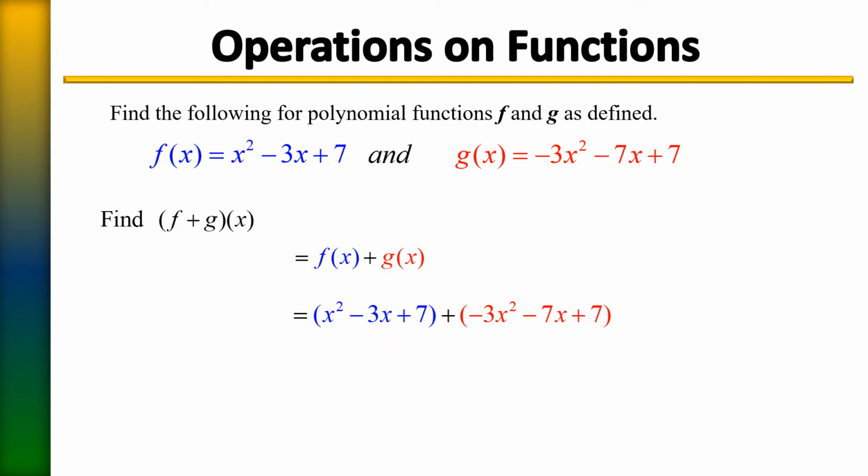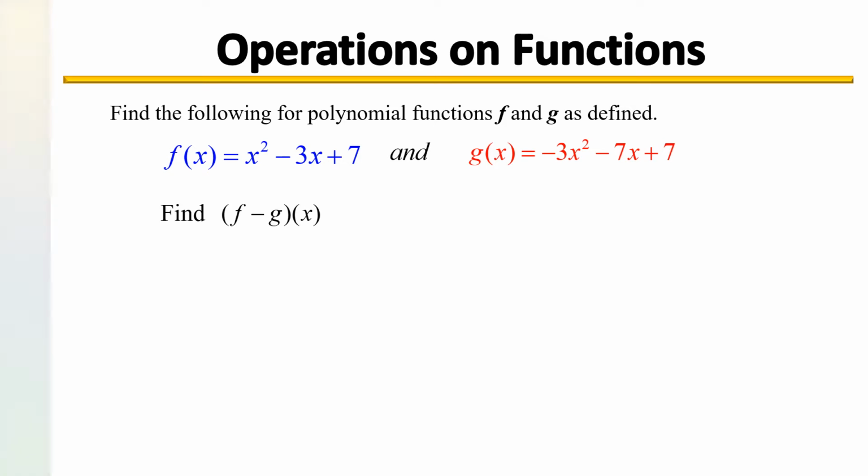Signs are the same, so keep the sign and add the numbers. That will give us negative 10x. And lastly, we have our constants, our numbers. 7 plus 7 is going to give us 14. So the answer when we combine these two functions is negative 2x squared minus 10x plus 14.